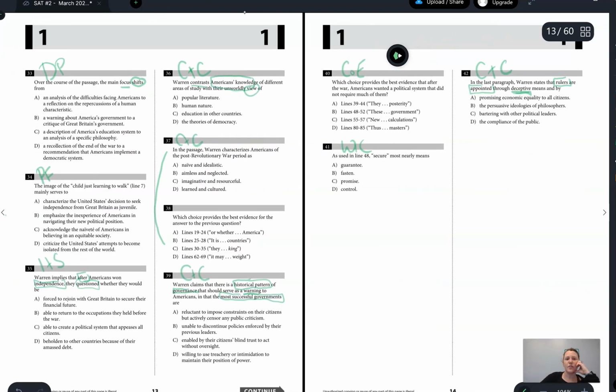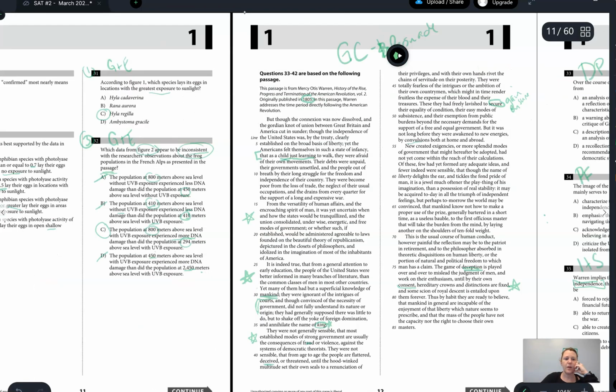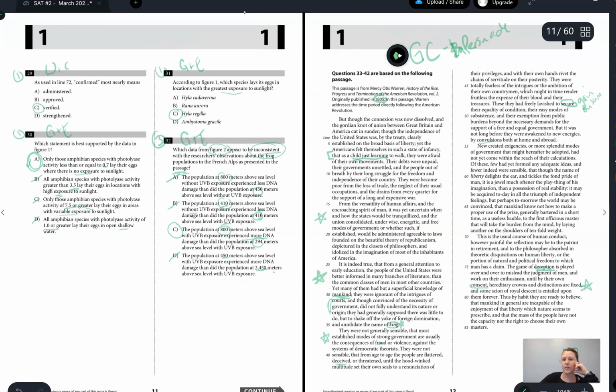Did we notice a shift? We didn't mark anything, but let's go back and remind ourselves of the paragraphs. So we learn about the fact that we have our freedom, but we're a little nervous. And then we're still kind of nervous, and we don't know what type of government we might have.